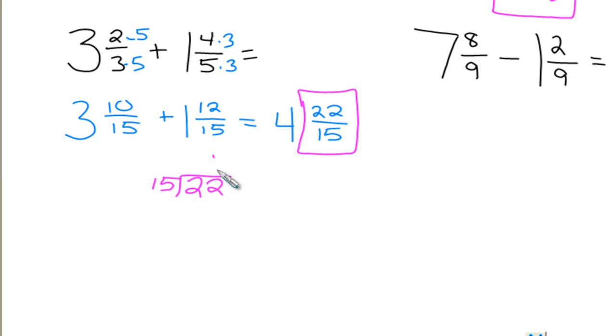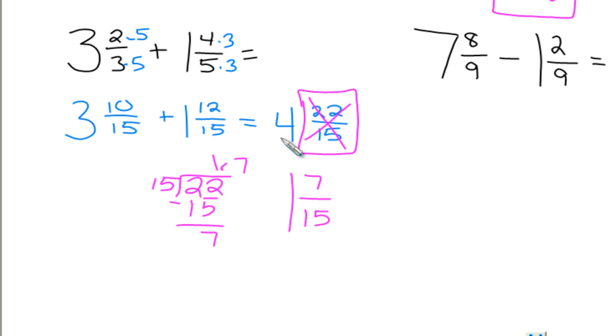15 goes into 22 once. We multiply, we subtract, so we have a remainder of 7. Okay, so to write this as a mixed number, our 1 is our whole number, our remainder is our numerator, our denominator is our divisor. So 22 over 15 we can cross out because we just changed it to 1 and 7/15.